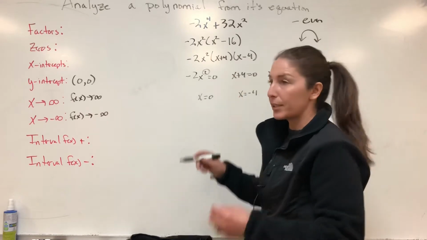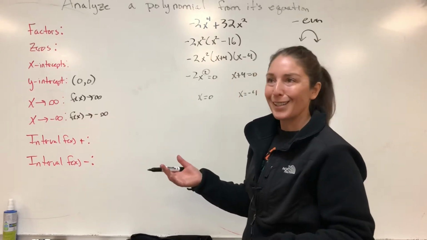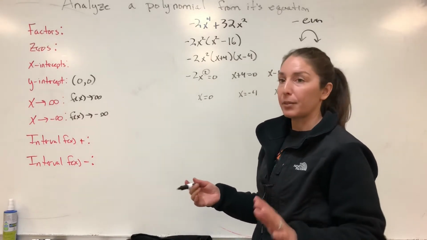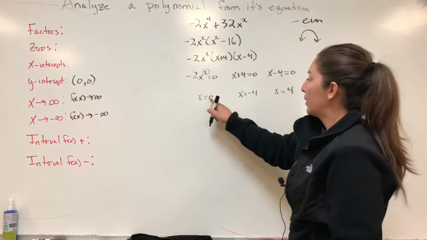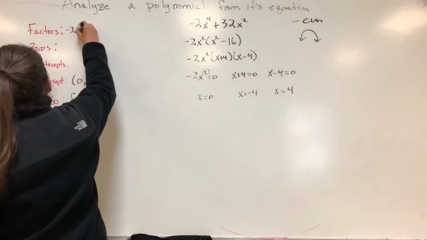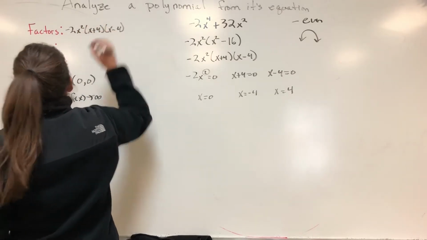So there are actually two zeros at 0 in this case, and I'll show you what the graph looks like when we have a multiplicity at a particular point. Our factors are negative 2x squared, x plus 4, and x minus 4. The order doesn't matter.